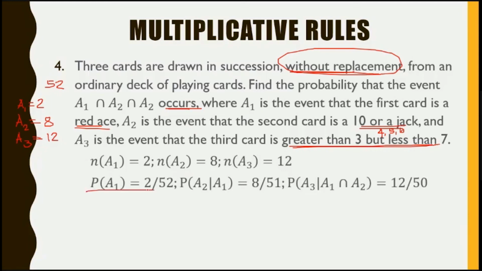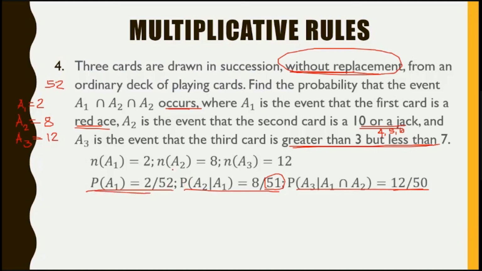In the first draw, we have 2 out of 52. In the second draw, since we got 1, the total number of playing cards is now 51. And in the third one, the total is now 50. So these are now our values.